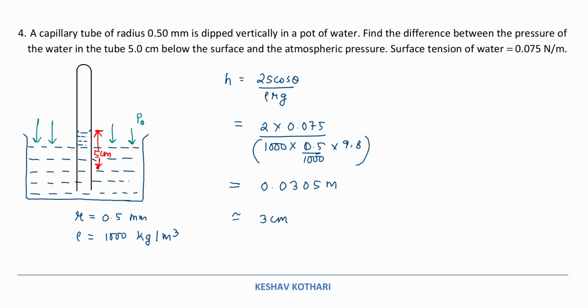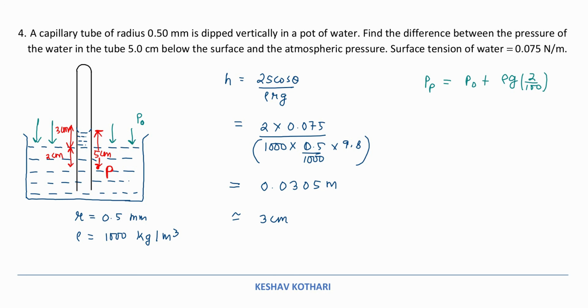So if it is 3 centimeter, then I can say that the capillary rise in this tube is 3 centimeter, and we are talking about the pressure 2 centimeter below the free surface of the liquid, so we call it point P. So the pressure at point P is equal to P naught plus rho g into 2 centimeter, which we convert into meter as 2 by 100.